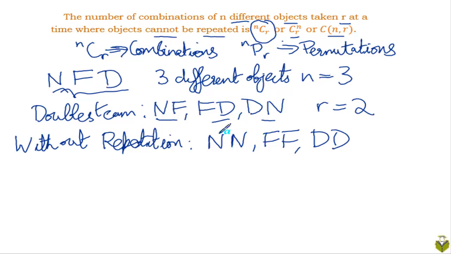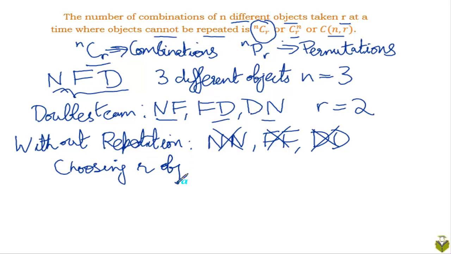So these are not allowed. That's what this notation stands for. We say "n choose r": choosing r objects out of n. That is also nCr.